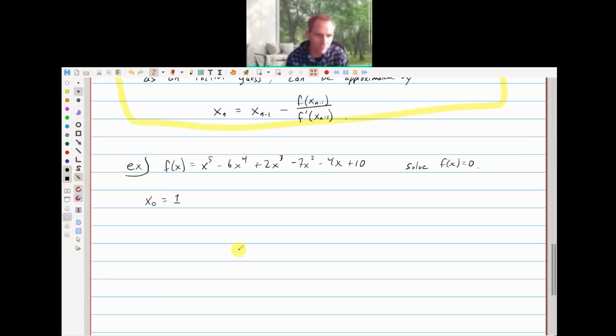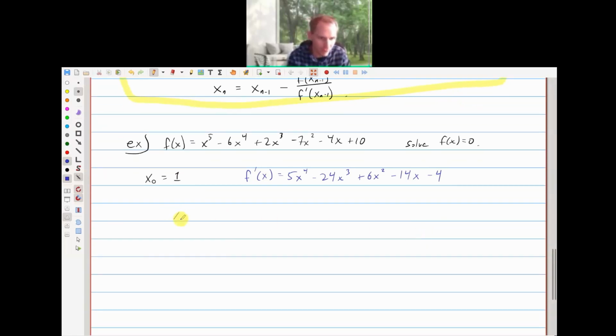In order to set up Newton's method, I need to have an f prime. So this is 5x to the fourth minus 24x cubed plus 6x squared minus 14x minus 4. Then my formula for Newton's method, I'm just plugging in f of x with x(n-1) plugged in, a big fraction bar here.